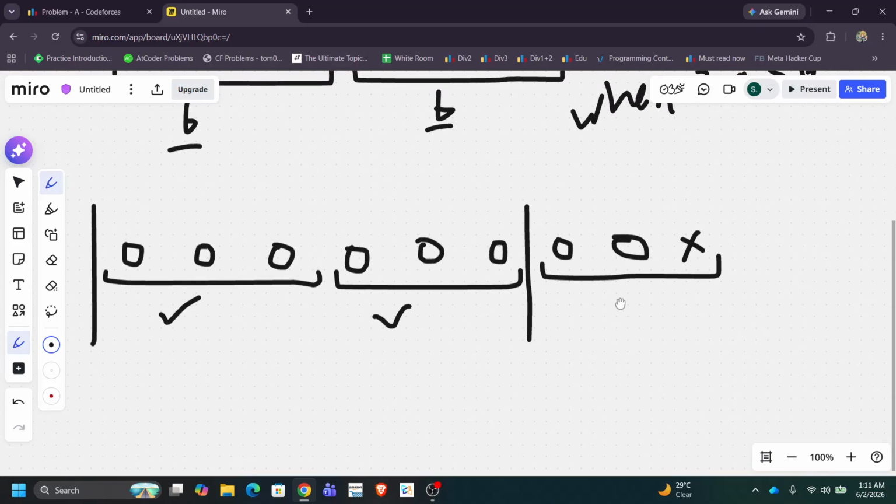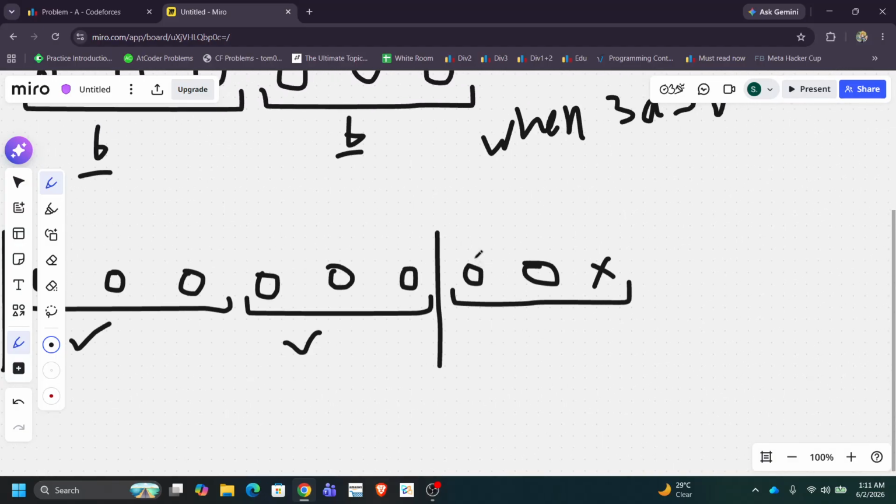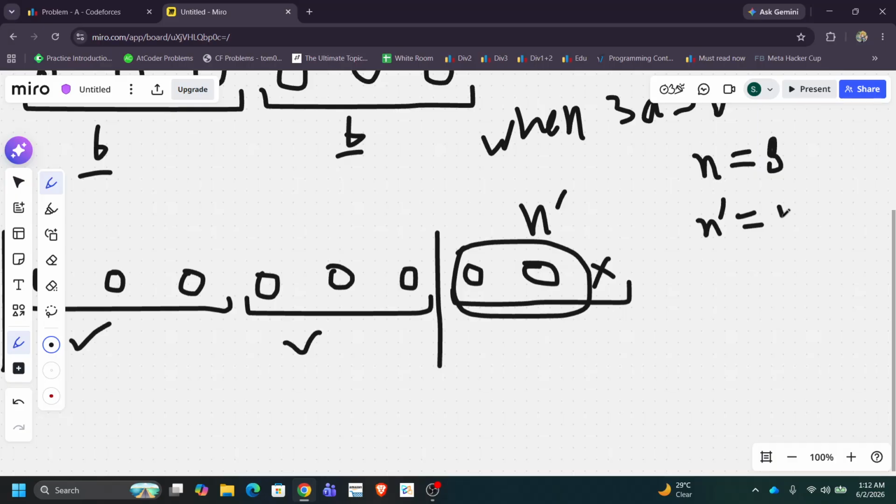And for the rest of the students, let's denote it as n prime. If our n was 8, then n prime is n mod 3, that is 2. So it's always the case that n prime is less than 3. n prime is either 1 or 2.